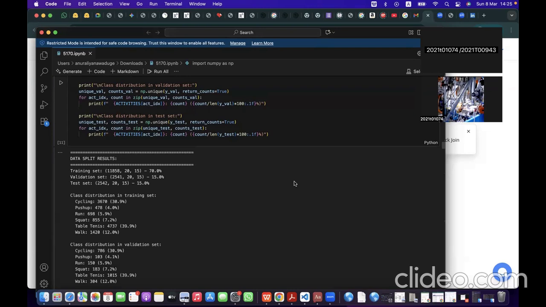Long short-term memory, known as LSTM, is a special type of recurrent neural network designed to remember information over long sequences. They solve the vanishing gradient problem of traditional RNNs. Key components of an LSTM cell: the first one is the forget gate, which decides what information to discard.